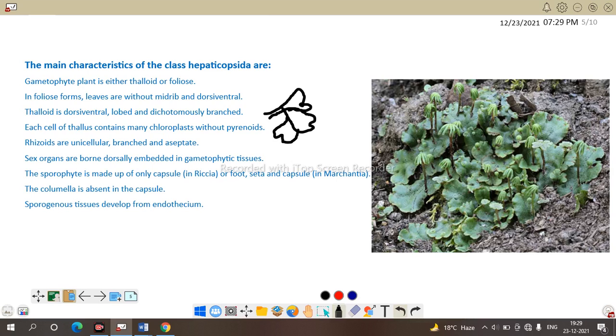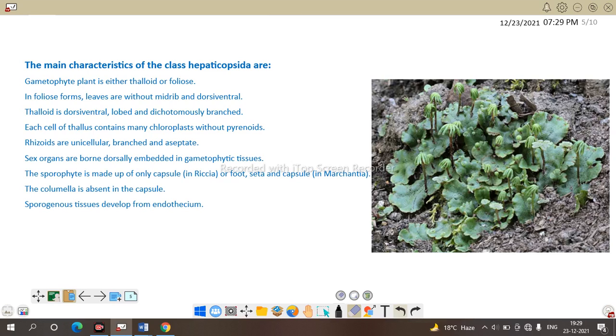This is the notch which separates the plant into two equal halves. This is the dichotomous branch, two different branches. It looks like this.